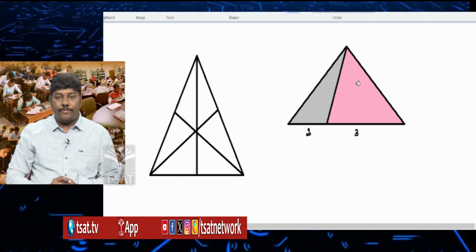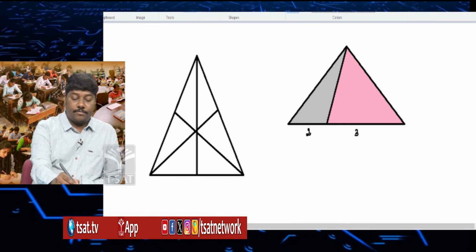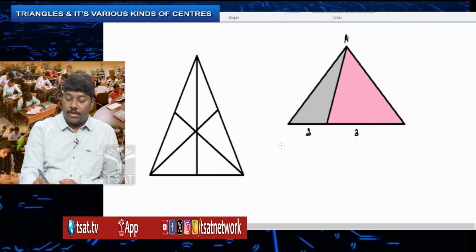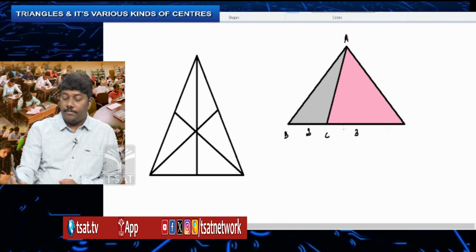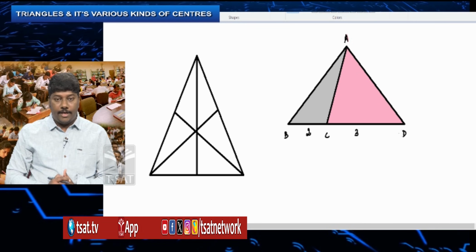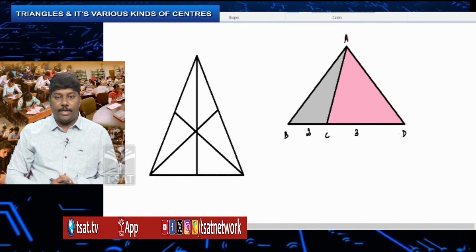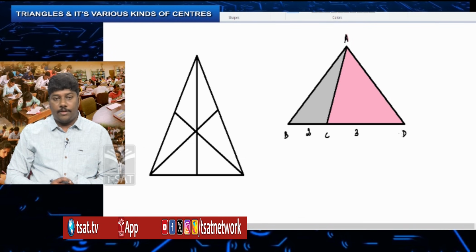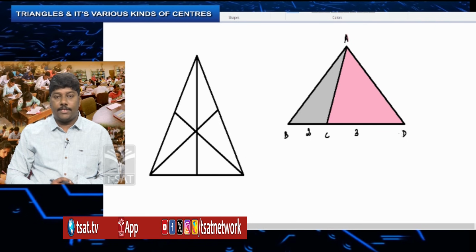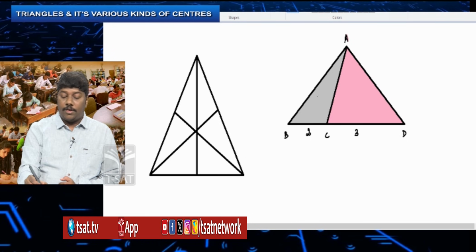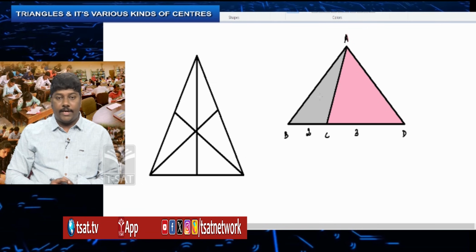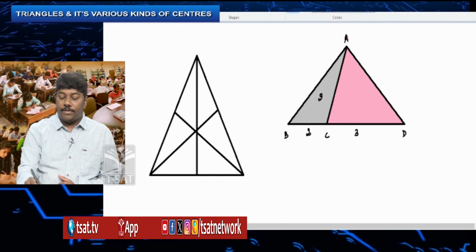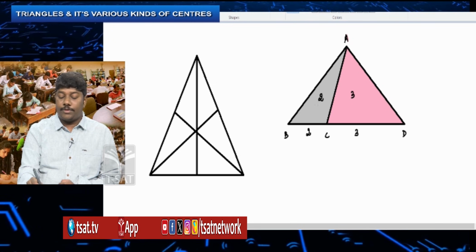If I ask you the ratio of their areas for both the triangles, let me name it triangle ABD. Here I am dividing triangle ABD by using AC into two triangles, the first one is ABC and the second one is ACD. If you ask me the ratio of ABC and ACD, they are in the ratio 2 is to 3. Their area is also in the ratio 2 is to 3.